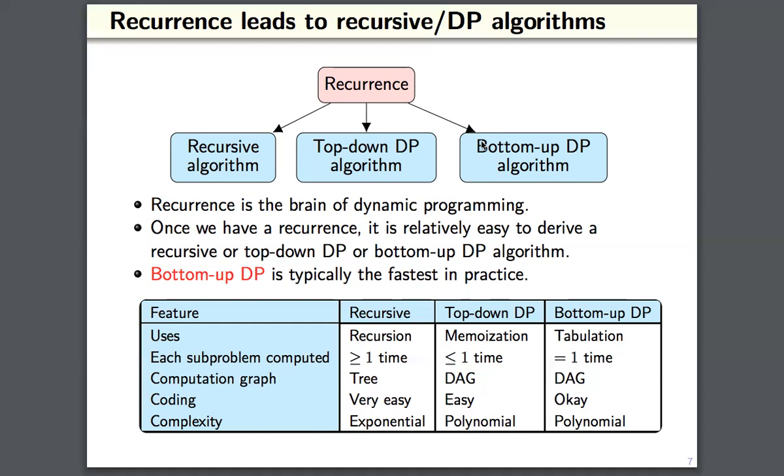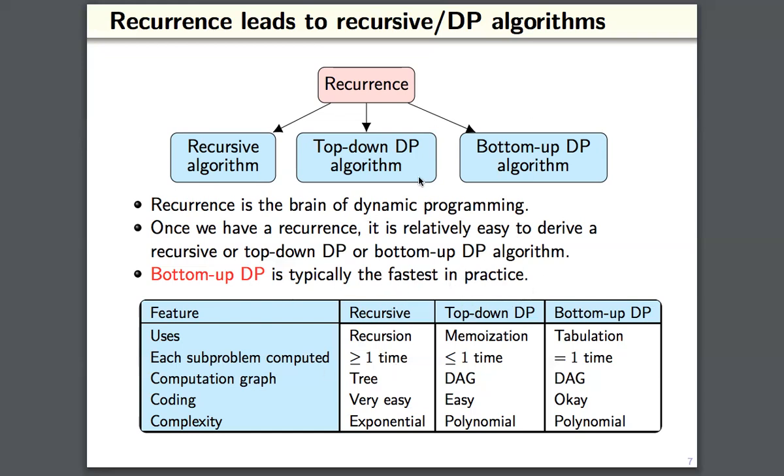How do you define the subproblem? How do you define the recursive relationship between subproblems? Coming up with the recurrence itself is the 99% problem in DP. And implementing a given recurrence will not be that hard. If you practice a bit, it's not that hard. We will see. Now, bottom-up DP is typically fastest in practice.